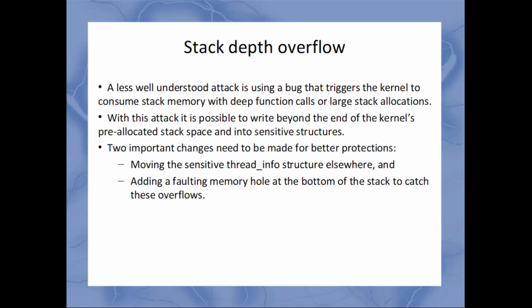With this attack, it is possible to write beyond the end of the kernel's pre-allocated stack space and into sensitive kernel structures. Two important changes that might be made for better protection are moving the kernel thread info structure somewhere else and adding faulting memory holes at the bottom of the stack to catch these overflows.